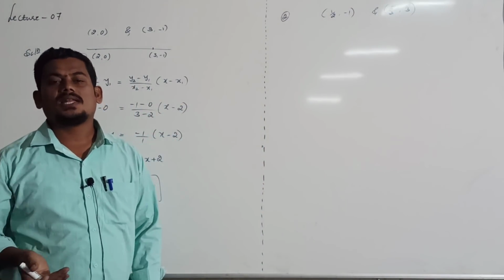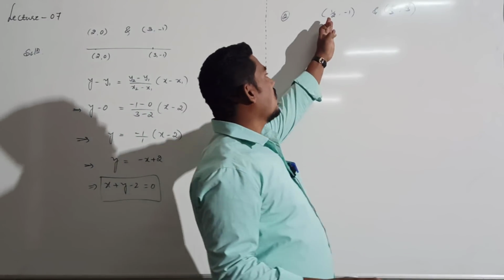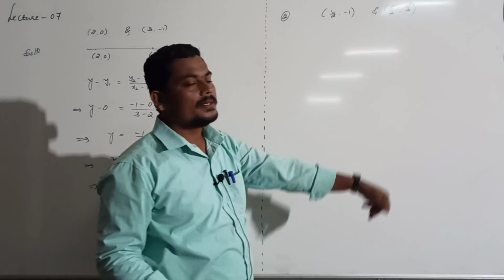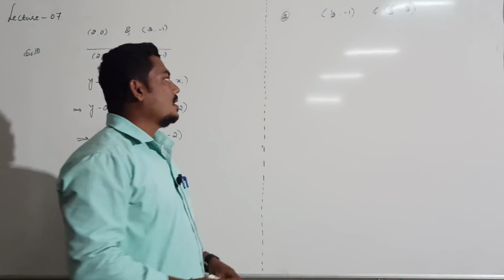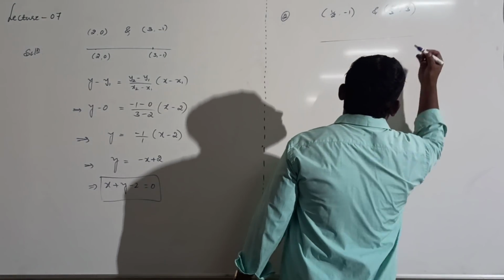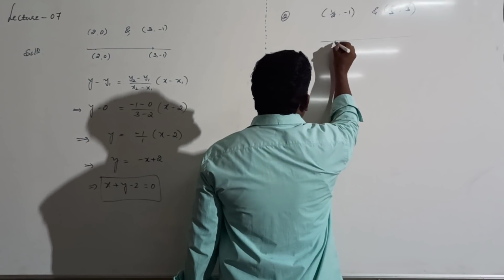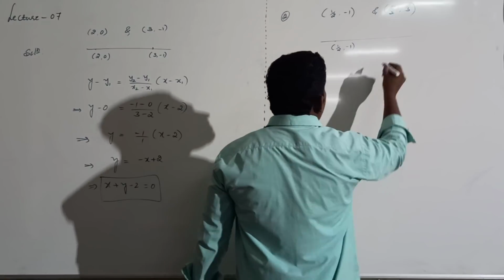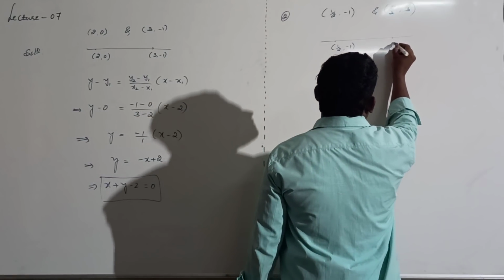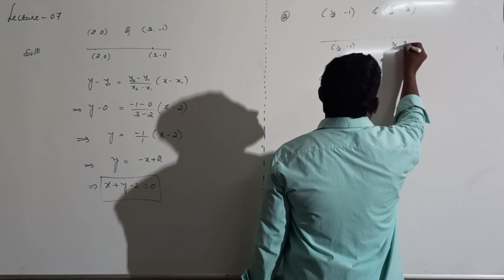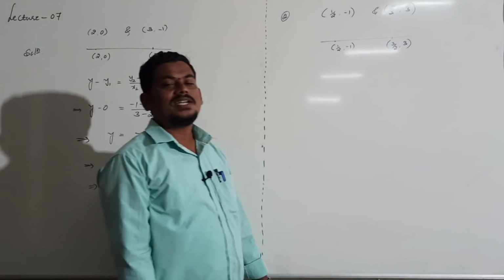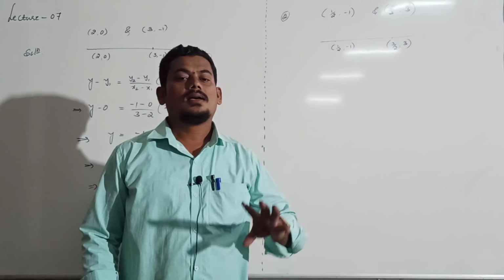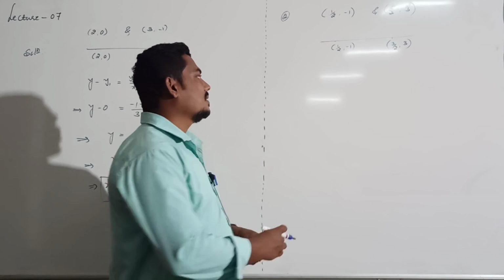Find the equation of the line passing through (1/2, -1) and (3/2, 3). Now just consider one reference line. This is the first point (1/2, -1), right? And one more point (3/2, 3). Whenever 2 points are given, just use the 2-point formula. Which formula is applicable? 2-point form, right?